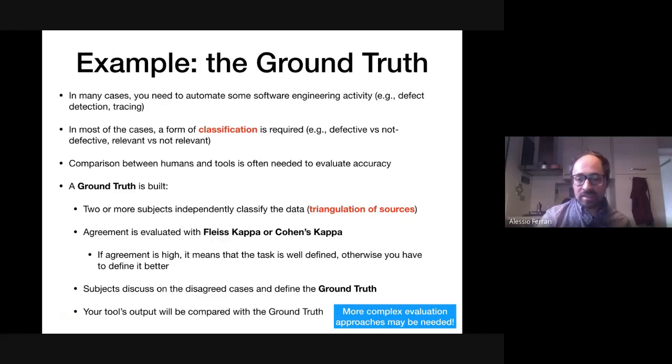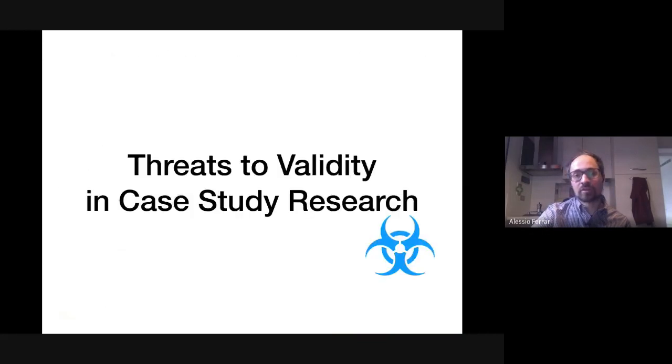So consider that you are bringing a tool and you need to evaluate it. The strategies for evaluation are found in fields like machine learning, natural language processing, information retrieval, these types of fields that you normally apply for improving the software engineering process.